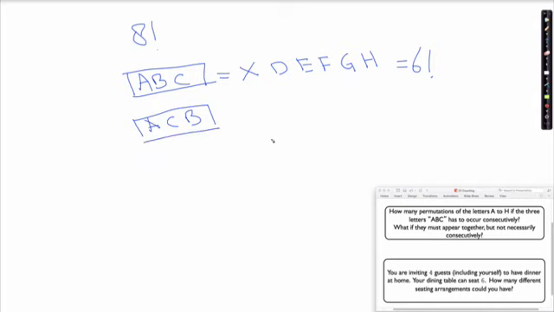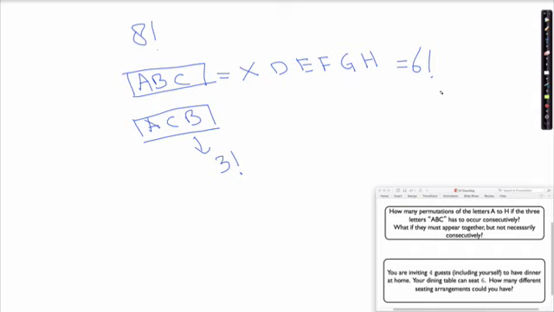One way to think about this is that in 6 factorial, we would have generated all the possible permutations in which there is a box X. Now within this box X, initially, there's only one possible permutation, which is A, B, and C. But in this case, within this box, the 3 objects can permute themselves. And within this box, there's going to be 3 factorial ways in which the 3 objects are going to order themselves.